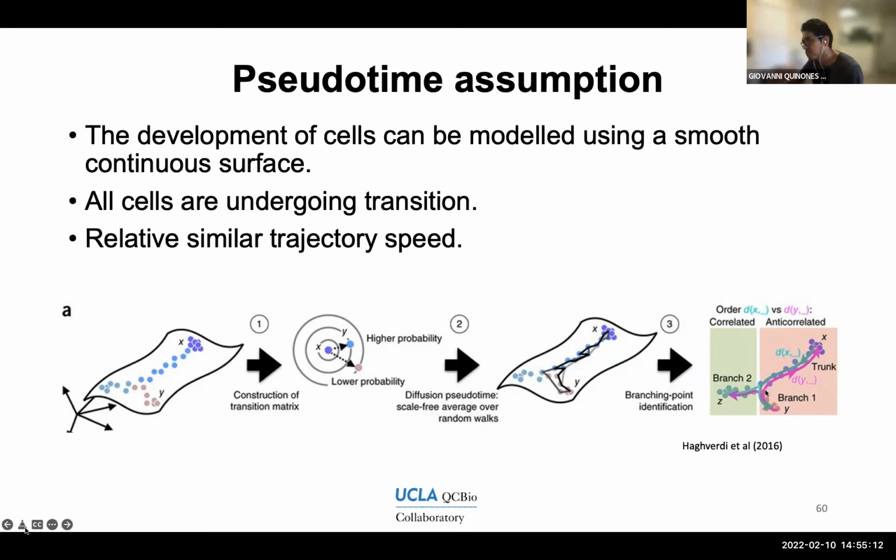So what you need to take away from this plot is that once you have figured out the trajectory and how different cells connect to each other, one very important thing you want to figure out is what kind of transition is taking place. Is it a linear transition, a straight line going from one type of cell into another one?